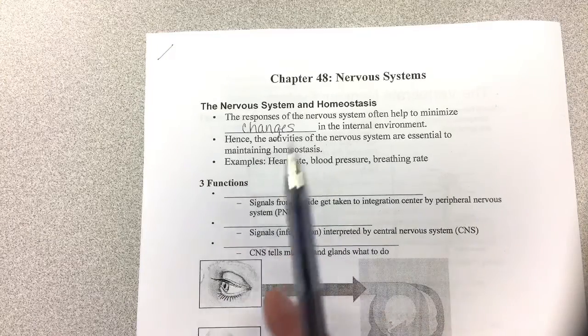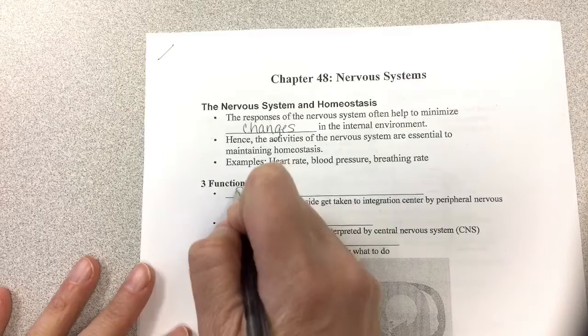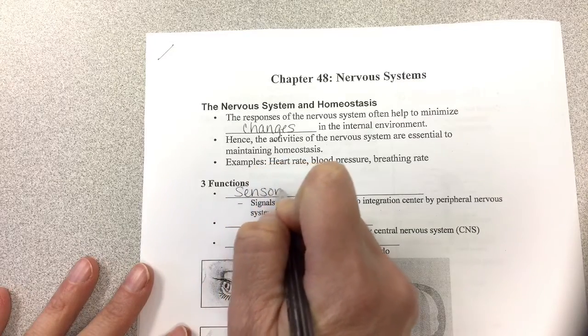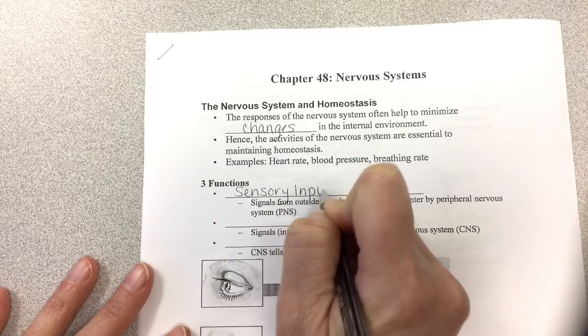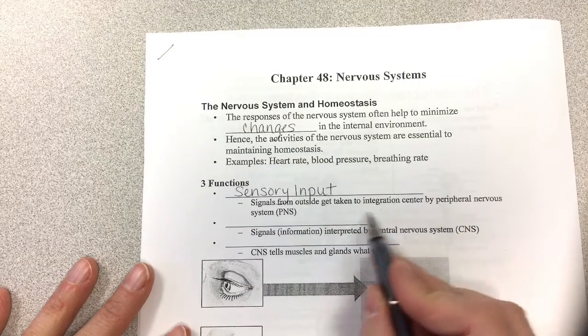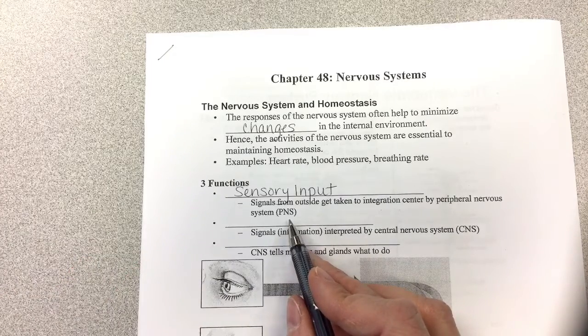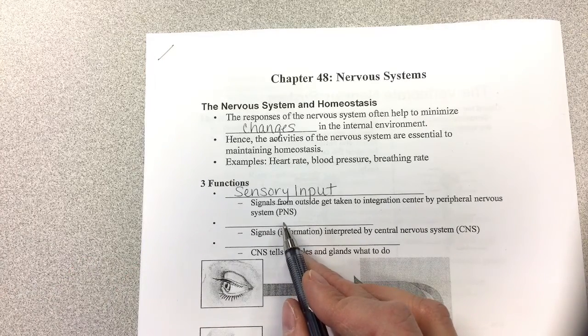So there are basically three major functions for the nervous system. The first one is sensory input. Signals from the outside get taken to what we call an integration center by the peripheral nervous system, or PNS. We're going to talk about that in just a second.